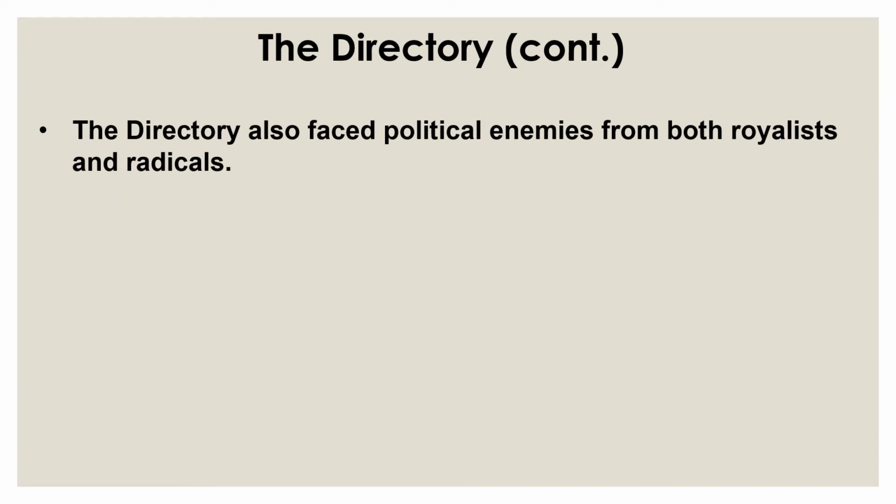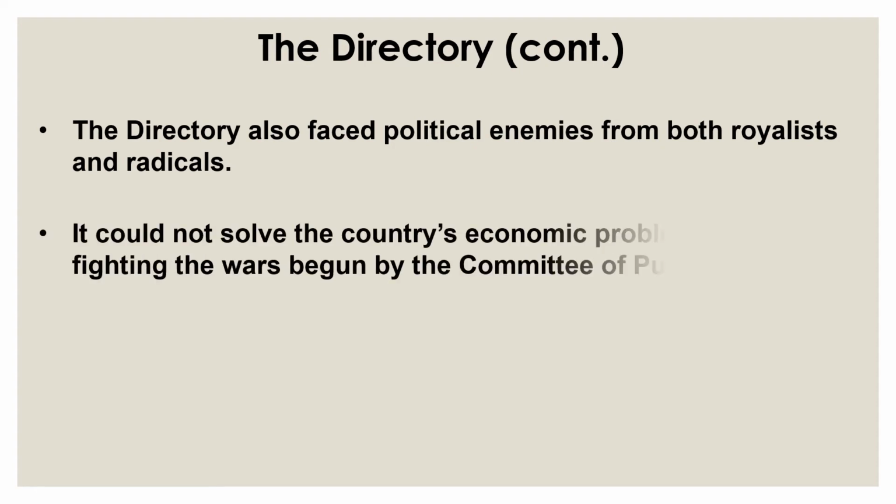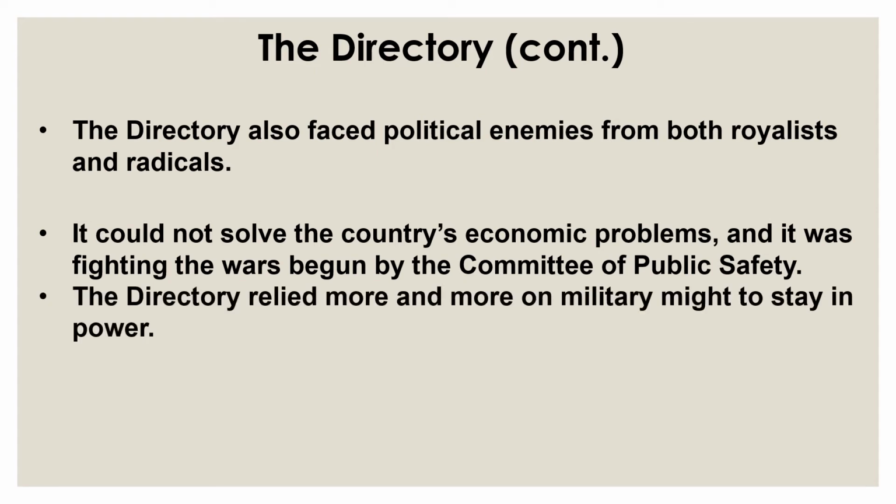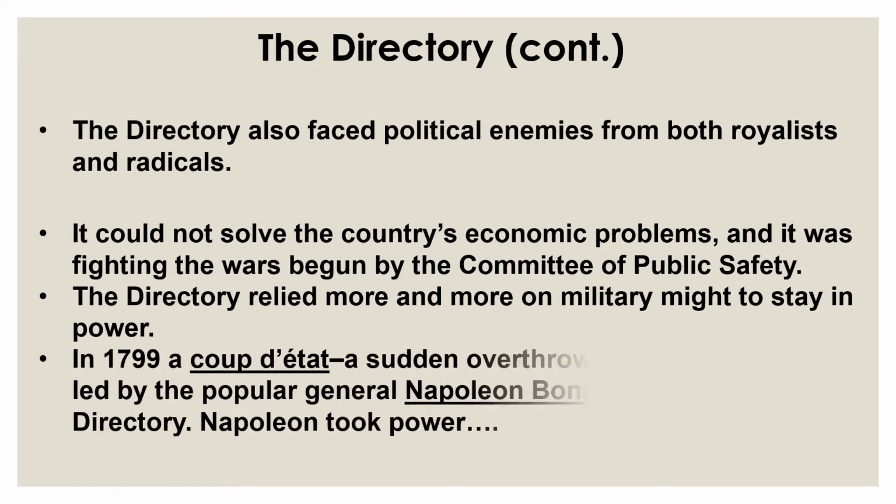The Directory also faced political enemies from both royalists and radicals. It could not solve the country's economic problems any better than the Committee of Public Safety and the National Convention had under Robespierre. And it was still fighting the wars begun by the Committee of Public Safety, and those wars are expensive. The Directory relied more and more on military might to stay in power.